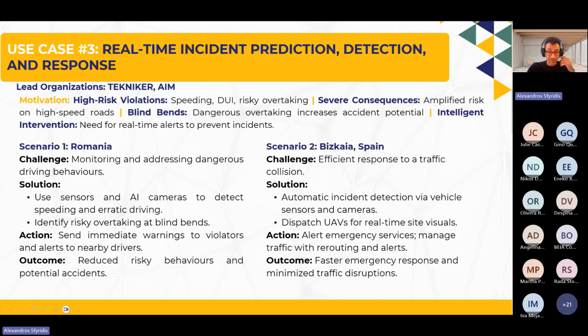Then we have the second scenario in Vizcaya, Spain. I think that's the greater Bilbao area in the Basque Country. So the primary focus here is the quick response and emergency management in the event of collision.